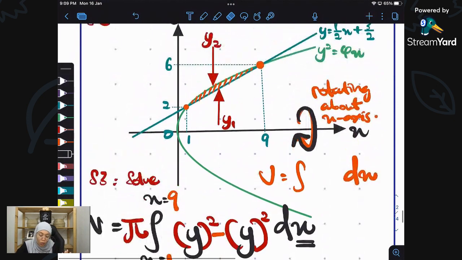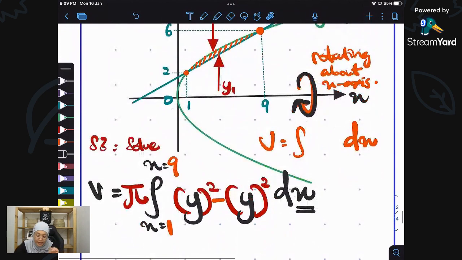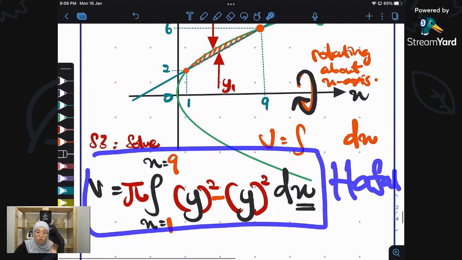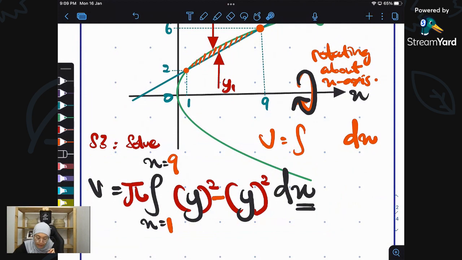We do not know is it y1 minus with y2 or y2 should be minus with y1, right? Tapi my point right now here is you mesti hafal formula ni. Okay, you must memorize this formula. Hafal di mana case kedua dia akan ada dua curve, therefore dia mesti tolak something minus something, okay?